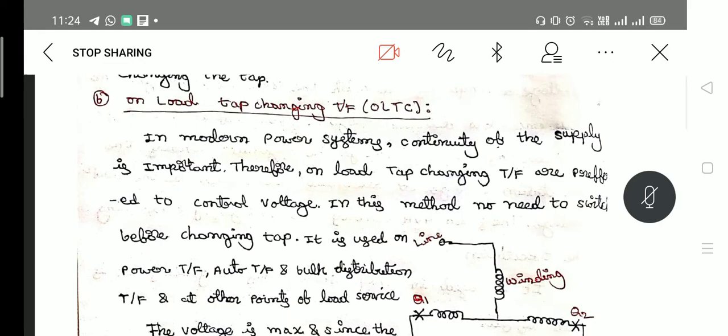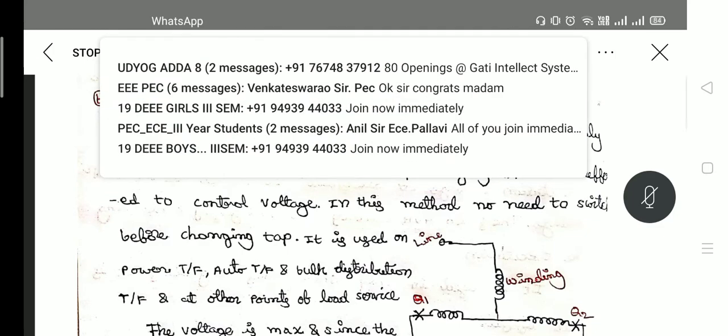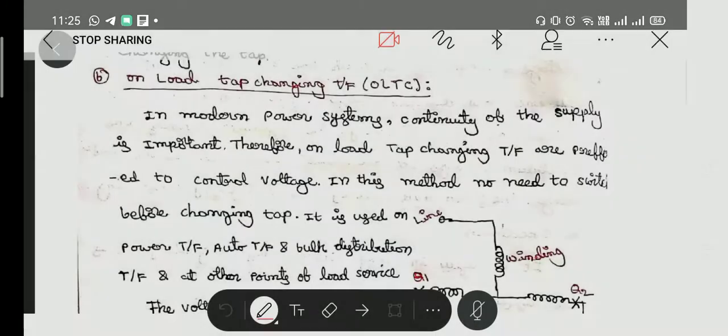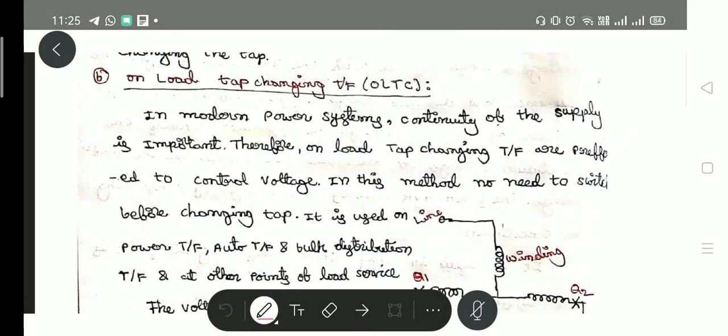So we go to the on load tap changing transformer. In a modern power system, you have to maintain continuous power supply, right? On load tap changing transformers have no need to switch off the power supply before changing the tap.